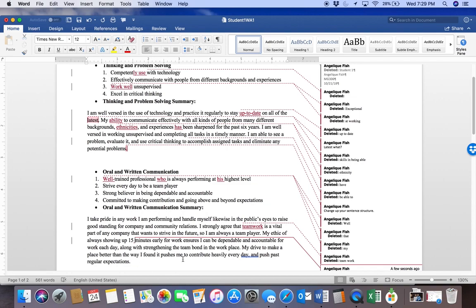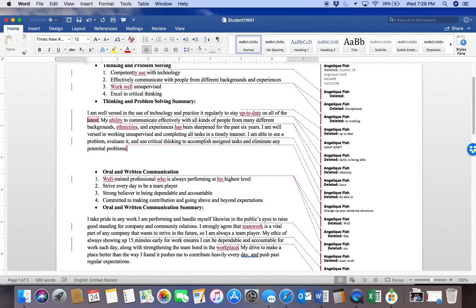So 15 minutes early for work ensures I can be dependable and accountable for work each day, along with strengthening the team bond in the workplace. Workplace is one word. My ethic of always showing up ensures I can be dependable and accountable for work each day. Okay. I think we could word that more directly. But technically, grammatically, it's okay.